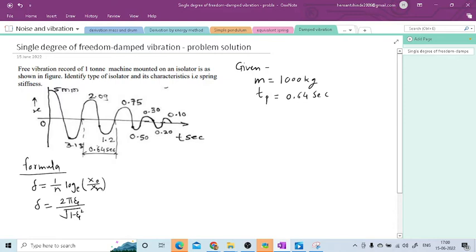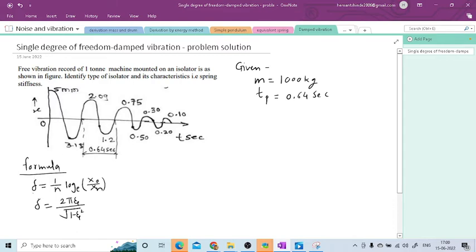If I put the values of x naught and xn, we'll get the value of delta, and if I put the value of delta here, ultimately we are going to get zeta. How to convert that zeta into spring stiffness, we'll see later. So initially we'll solve for the delta value.